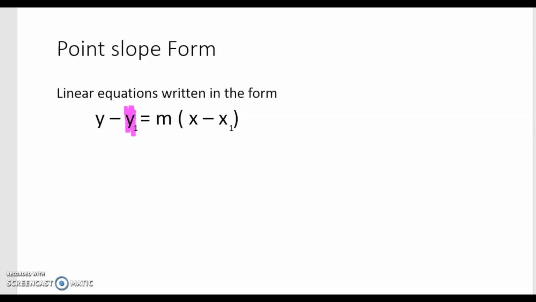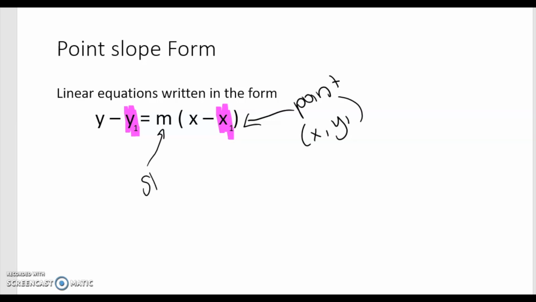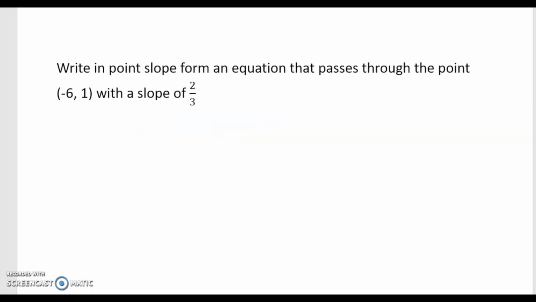Now remember, y1 and x1, those would be our points. Right? x1, y1, that would be one point on our graph. And m is our slope. So we're going to take a look at how we can use a point and slope in order to graph.